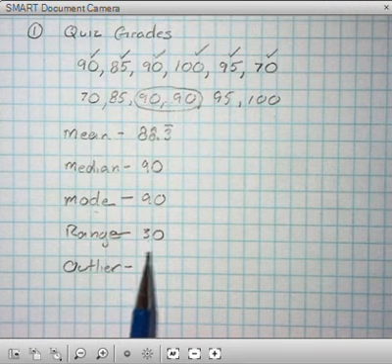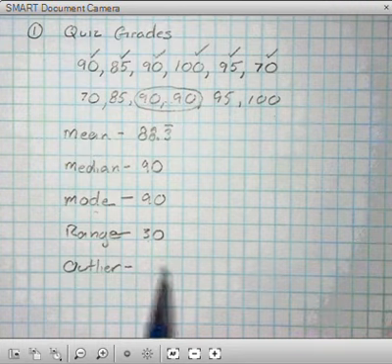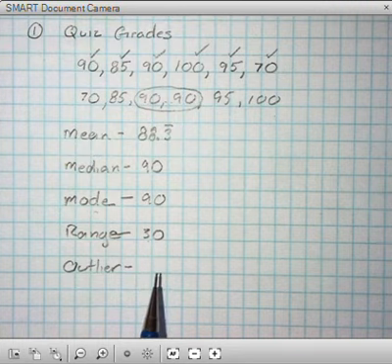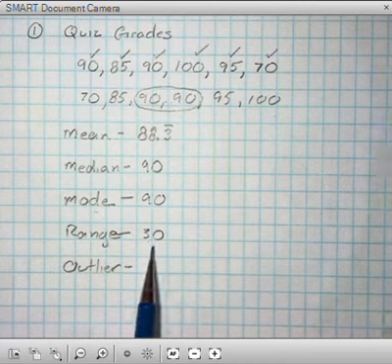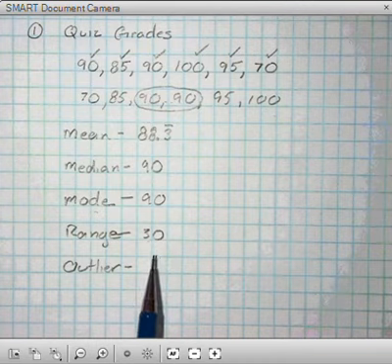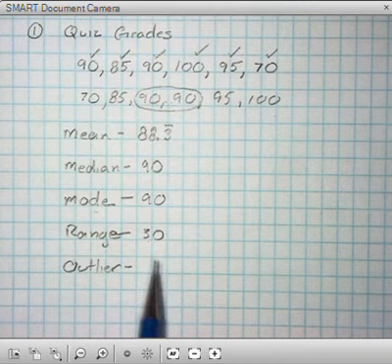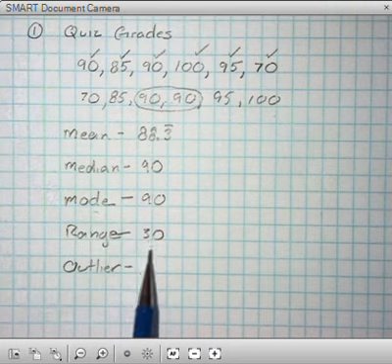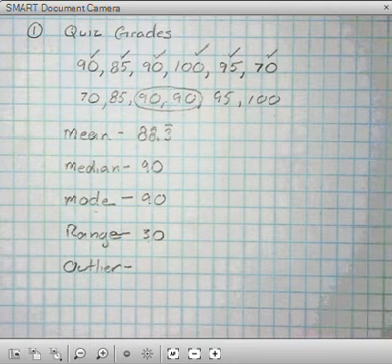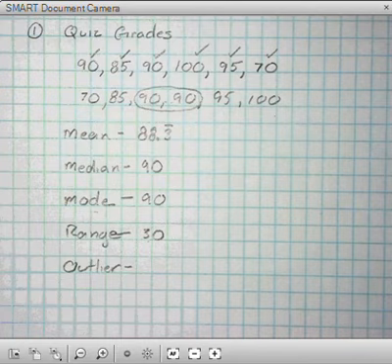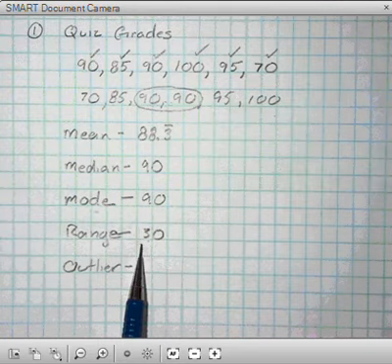So if I told you that your quiz grades had a range of 5, and someone else had a quiz grade range of 80, what that tells you is that the person who has a quiz grade range of 5, all of their numbers are really close together, like 95 and 100, or like 70 and 75. So really, really close together. Somebody who has a really wide range kind of has really good grades and really low grades. So it just kind of helps to describe what your data looks like.